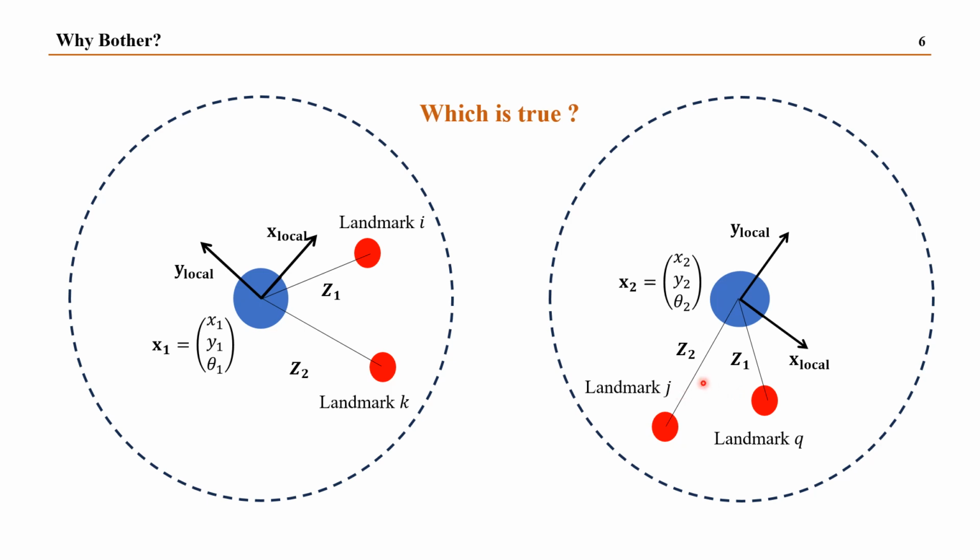This would have a profound effect on the update step of the Kalman filter because now the filter would be led to believe that the robot is actually at position x2 rather than x1. So associating the correct landmarks to the correct measurements is of vital importance because it will help us tell where the robot is by associating it to the correct landmark location or map location.